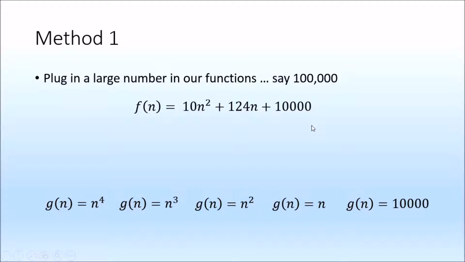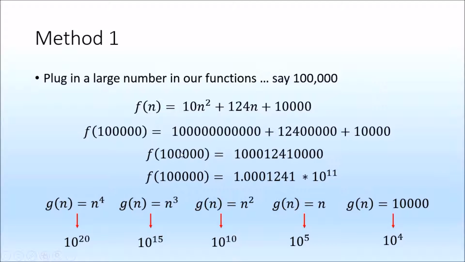Method 1 is the informal but very valid way, and actually I think it's pretty smart. The question asks, as n becomes very large, what does this function look like? So the first thing that might come to mind is, what happens if I put a larger number in it? So I'm going to plug in 100,000 into my function f of n, and also into the functions I have a choice of choosing from, because then I can tell whichever one's the closest is going to be my answer.